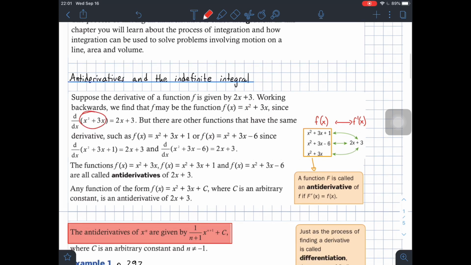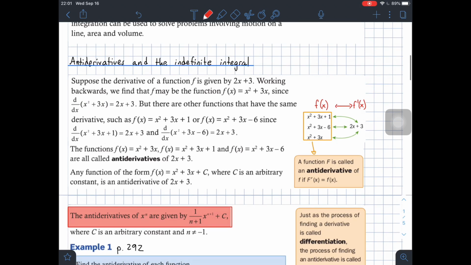But there are other functions that have the same derivative, such as f of x equals x squared plus 3x plus 1, or maybe f of x equals x squared plus 3x minus 6, since the derivatives of these functions are both 2x plus 3. Why? Because the derivative of a constant number is 0, okay?